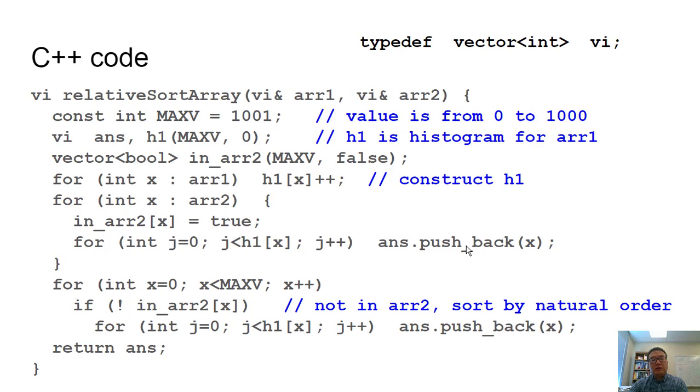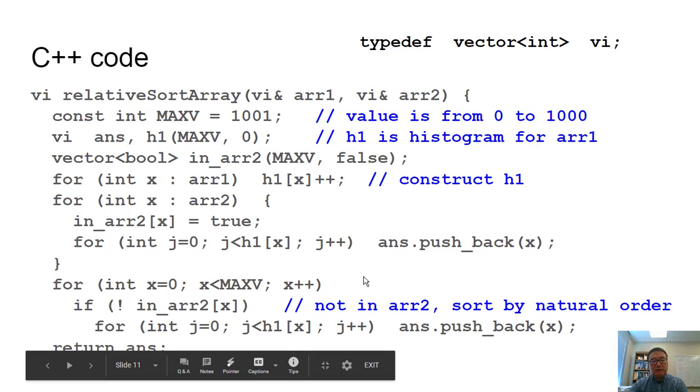However, the total number of times this push back happens will be bounded by the size of array 1, because for everything that appears in array 1 once, we execute this once. Something that appears 3 times, we execute this 3 times. So the total number of times this executes is bounded by the size of array 1. So this whole loop is linear time.